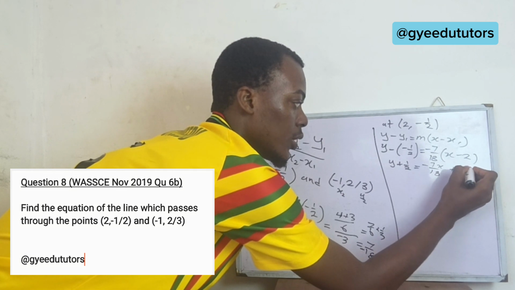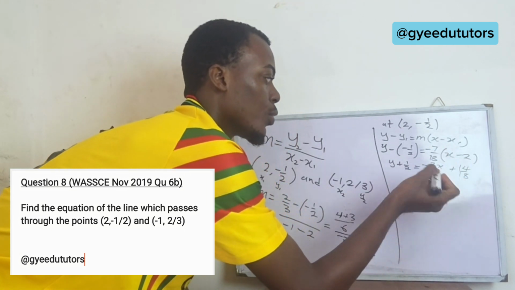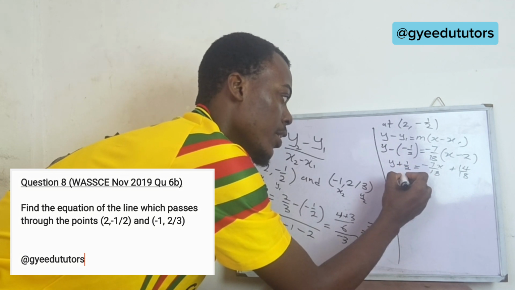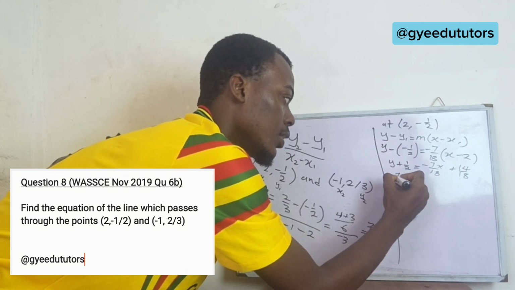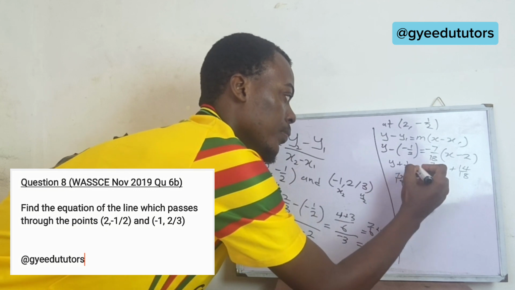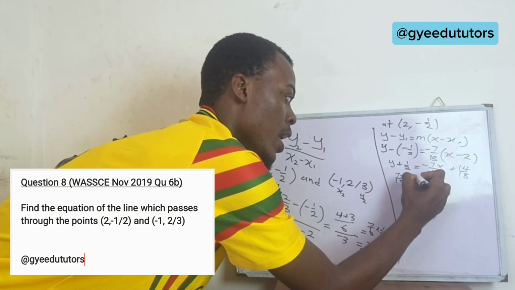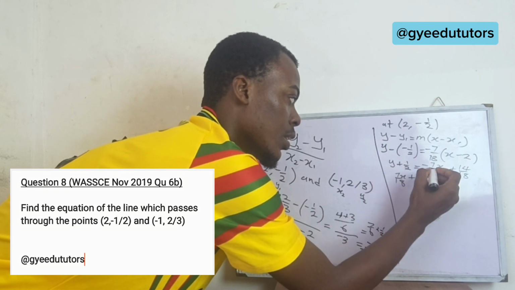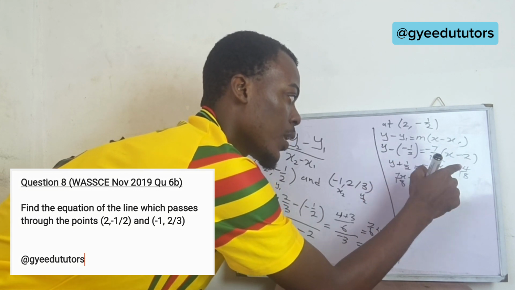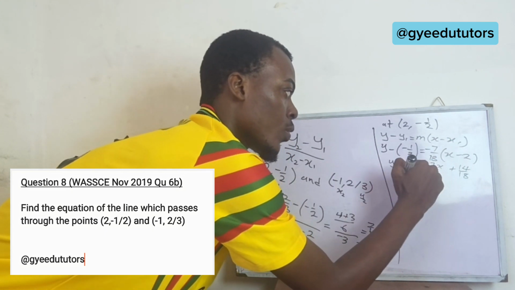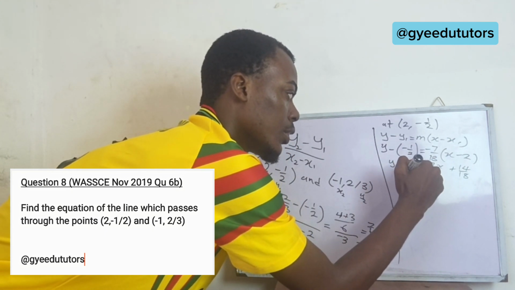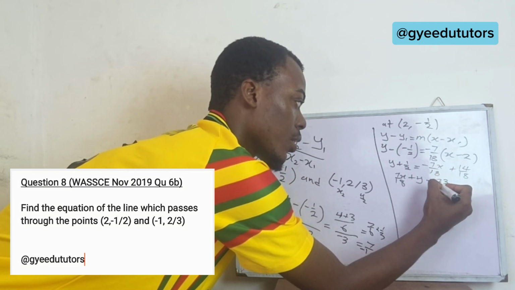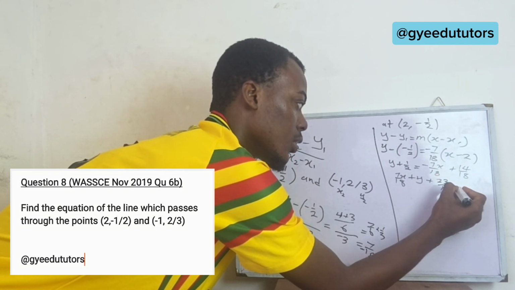plus 14 over 18. So when you group like terms, you're going to get 7x over 18 plus y plus half minus 14 over 18, which gives 9 over 18 minus 14 over 18, you have minus 5 over 18, which is equal to 0.